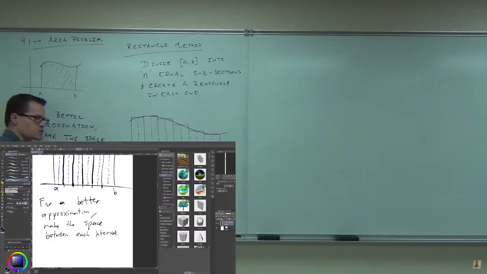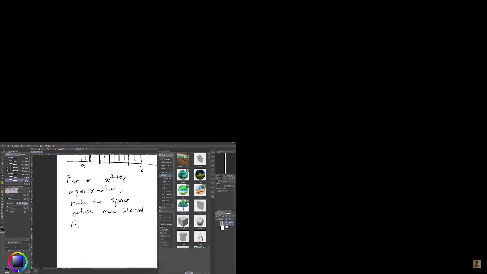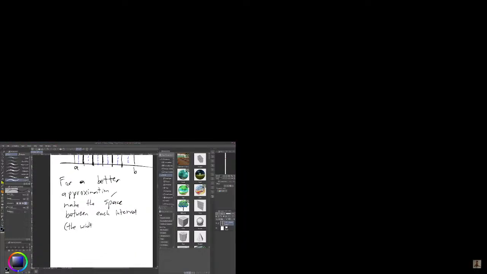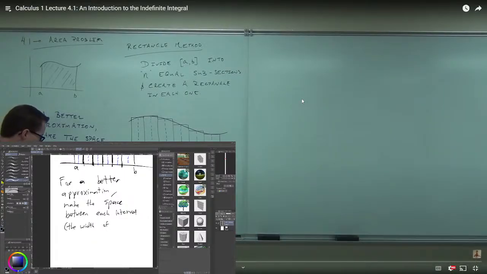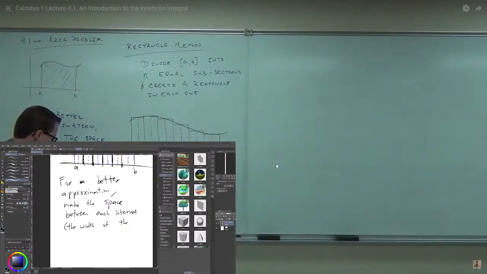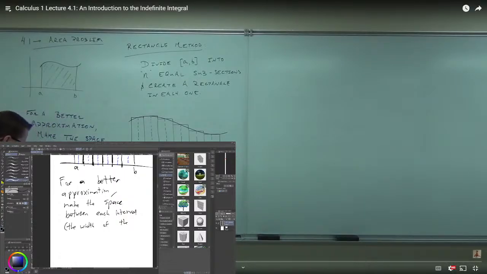Notice that in this context, the space between each interval, that's the width of a rectangle.